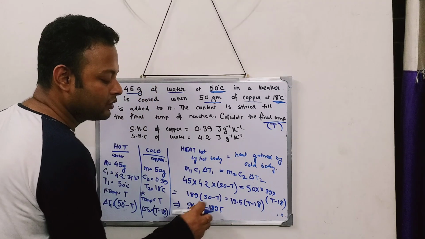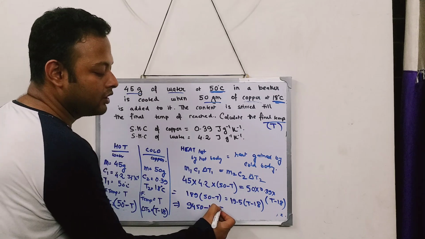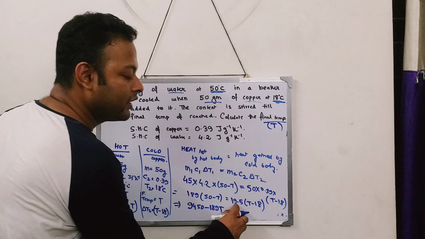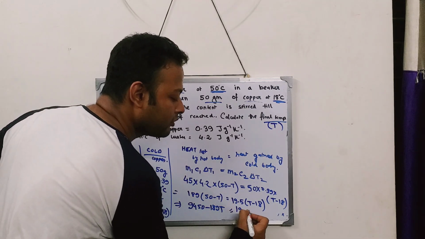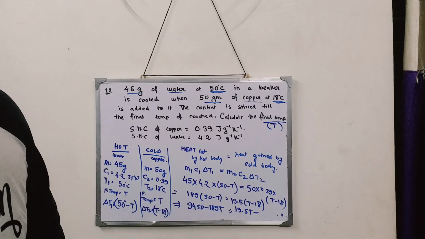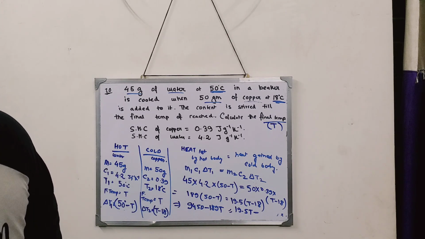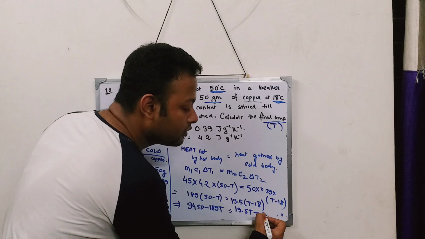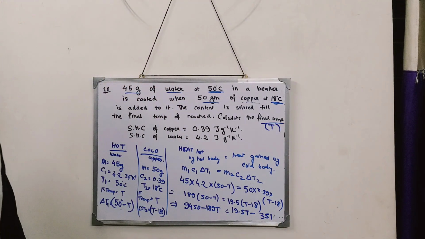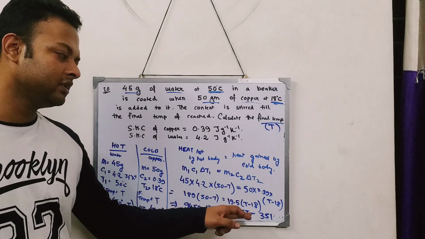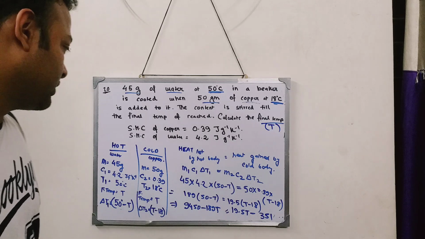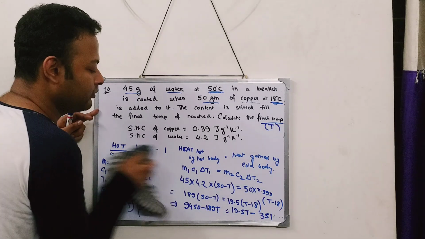And when you multiply 19.5 into t, it is 19.5t, and 19.5 into 18 will give you 351. Okay, so this is just pure maths. This into this, this into this. Now after this I have to rub this part, otherwise I cannot solve it.